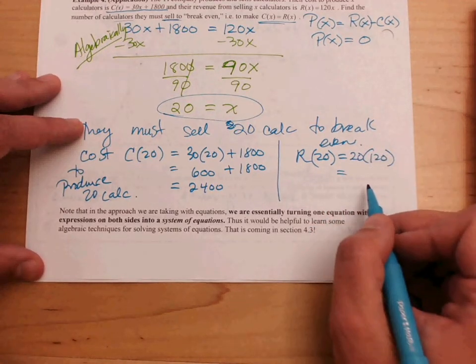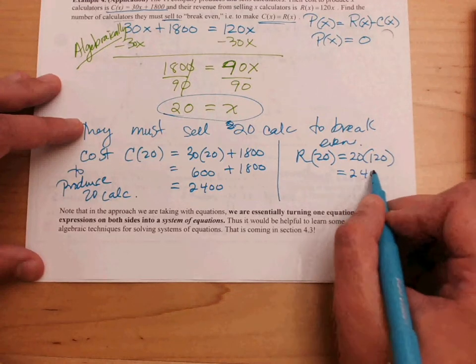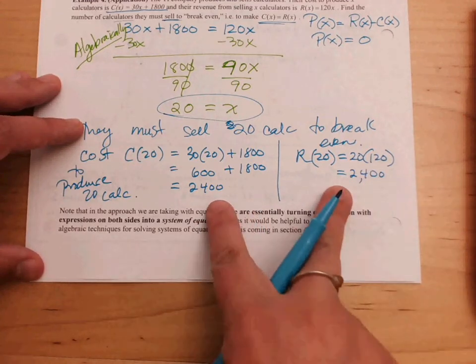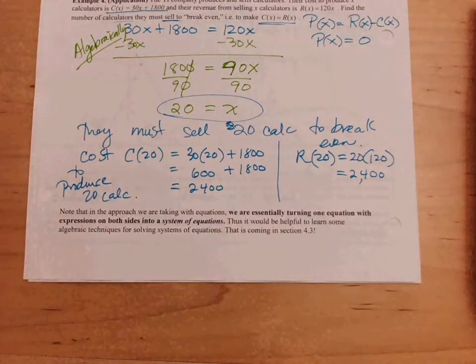What should that equal? They have to be the same, don't they? So you just said if my cost equals the same as my revenue, I'm not making any money. I just made a lot of calculators and sold a lot of calculators, and I'm walking away with nothing, right?